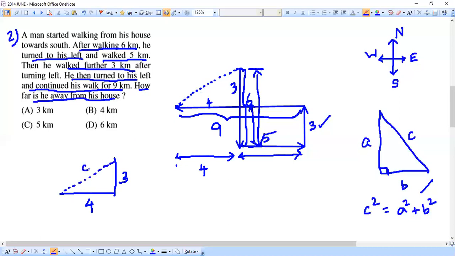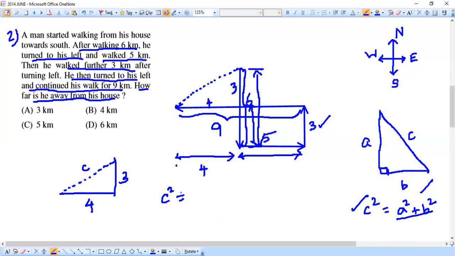Let's take this missing value to be C, and we have A value is 3 and B value is 4. What we need is the value of C only, because that is the distance they're asking. So let us now use our Pythagoras theorem formula. C square is equal to A square plus B square.